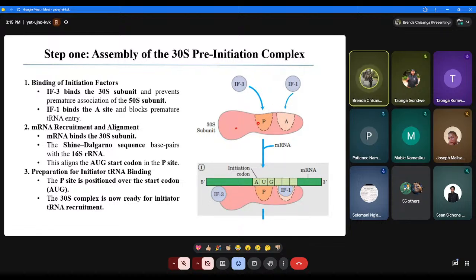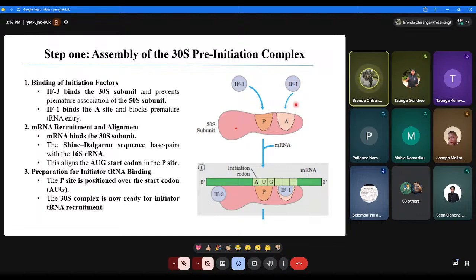So for the formation of the 30S pre-initiation complex, or indeed just to have translation initiation, we need initiation factors. These include IF3 and IF1. So what does IF1 do? IF1 comes in and blocks or associates with the A site of the small ribosomal unit.